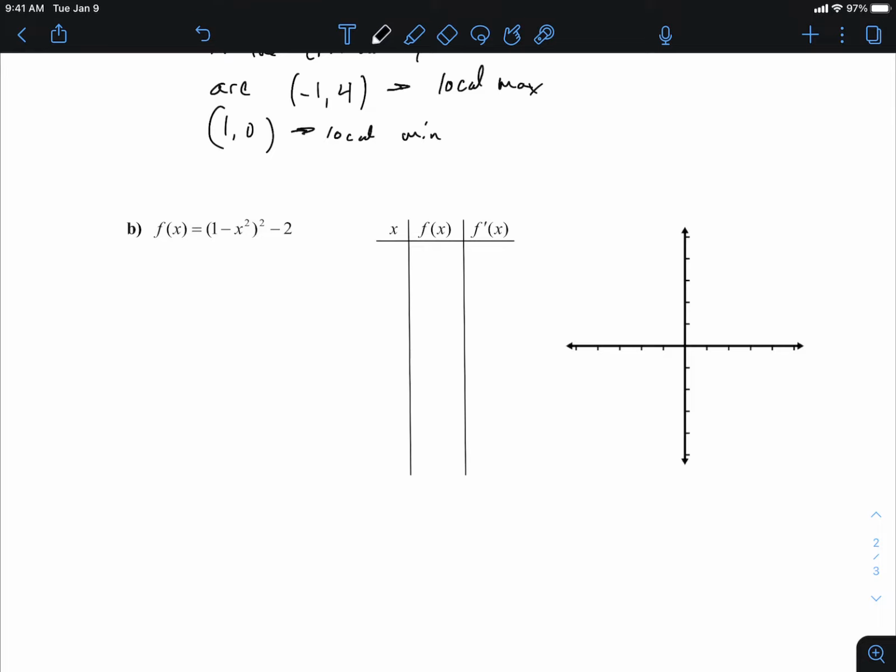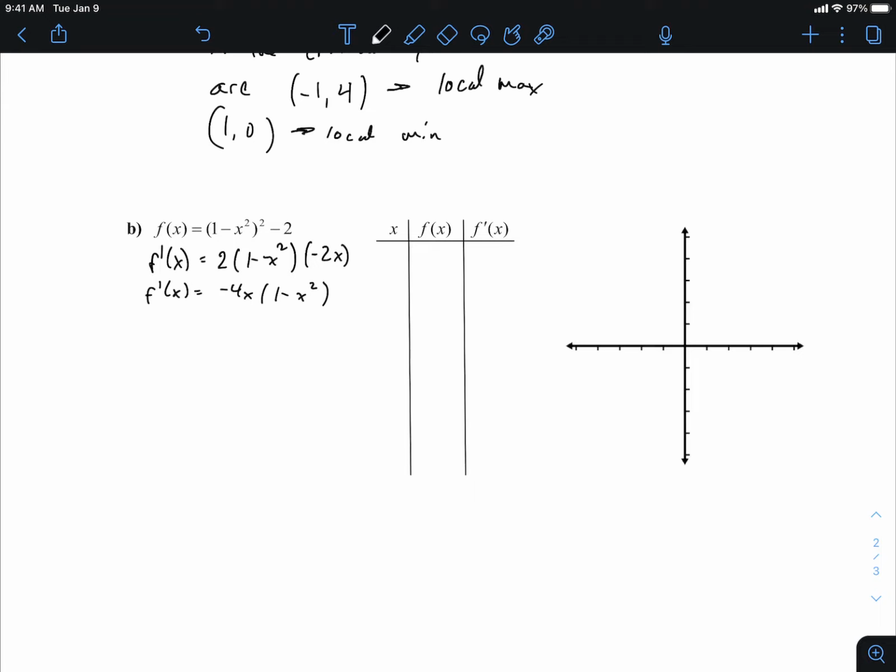So we're going to find the derivative, right? Taking the derivative of this, we're going to get 2 times 1 minus x squared, but then I have to multiply by the derivative of the inside. So we're going to multiply by -2x, right? And so f prime of x is going to equal -4x times 1 minus x squared.